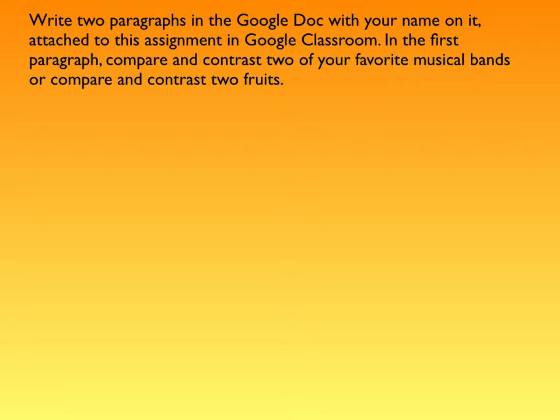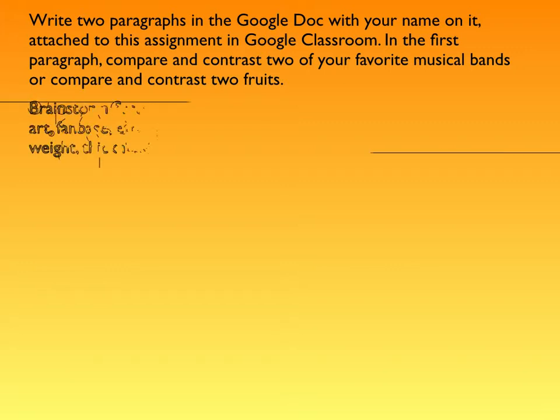Write 2 paragraphs in the Google Doc that has your name on it, that you'll find in our Google Classroom assignment. In the first paragraph, compare and contrast 2 of your favorite musical bands, or compare and contrast 2 fruits, your choice of both topics.